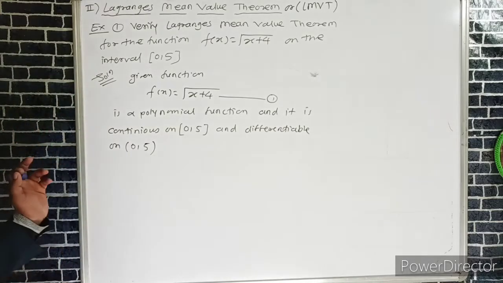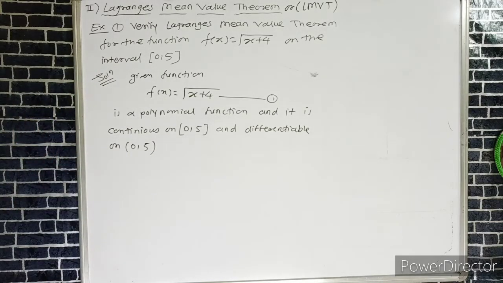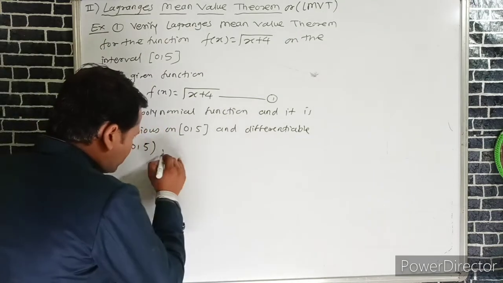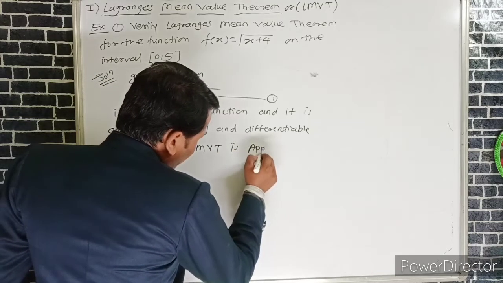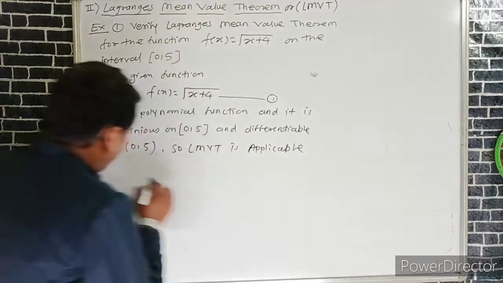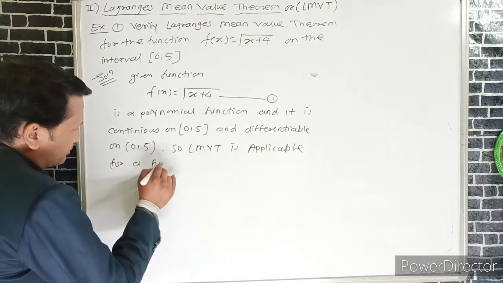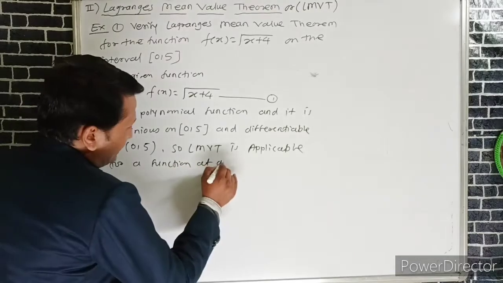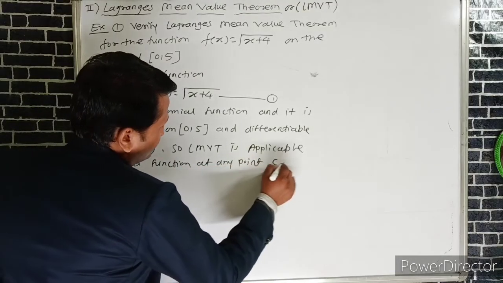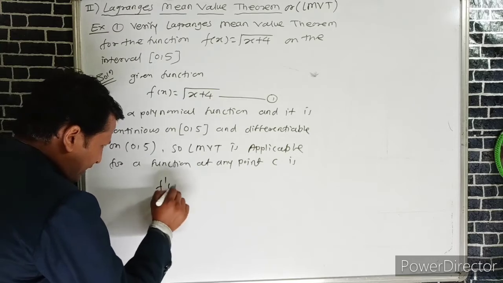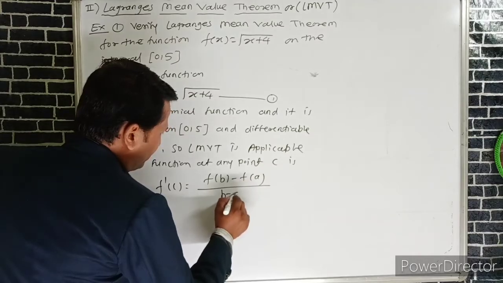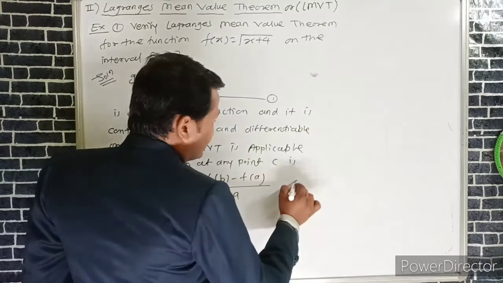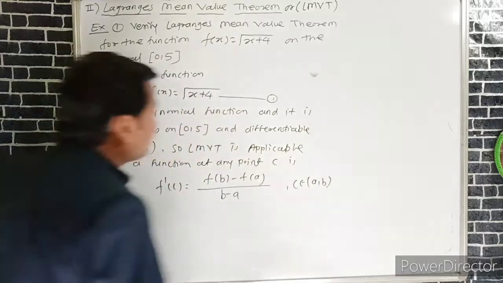But by Lagrange's mean value theorem, we can say that the LMVT is applicable for the function. So LMVT is applicable for a function at any point c, f dash of c is equal to f of b minus f of a upon b minus a, and c belongs to a comma b.